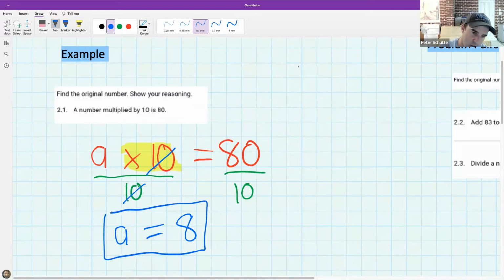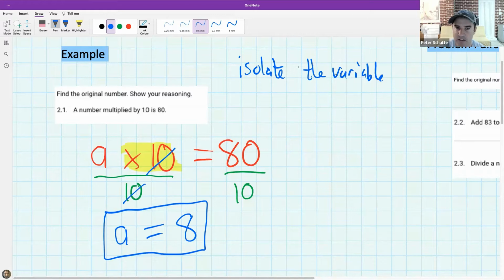So the method I'm going to teach you to solve equations is this. Whenever we solve an equation, we want to isolate the variable. Isolate means to be by itself. So in this question, the variable was A, and so we tried to isolate this.